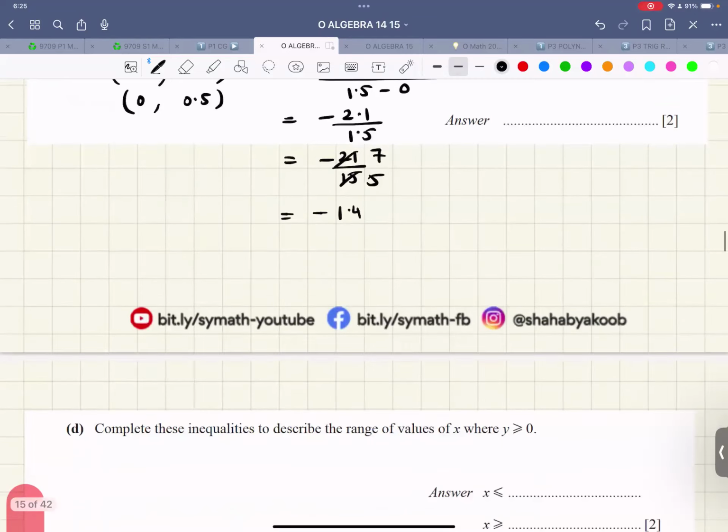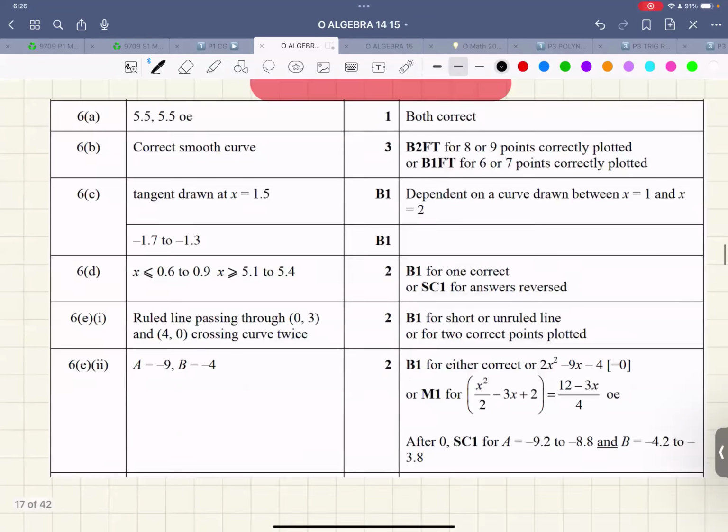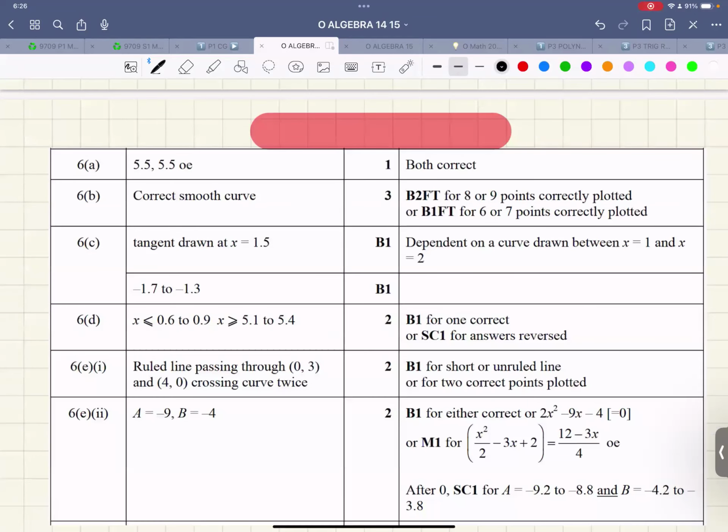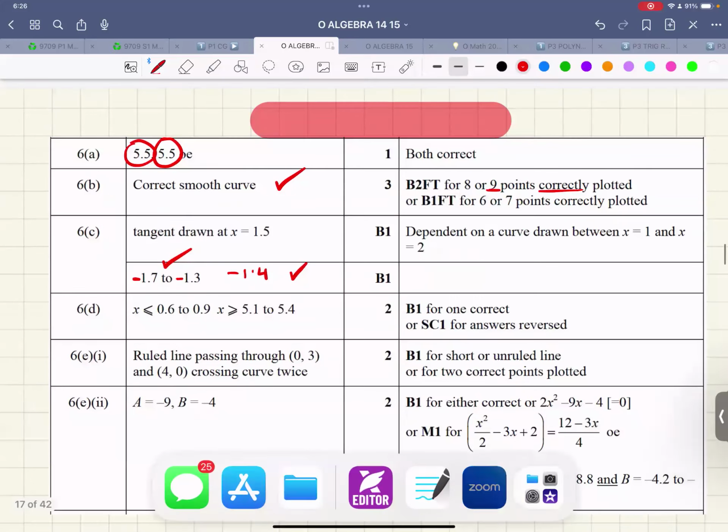Is that the answer? Let me just double check. So tangent drawn, the tangent lies between these two values, -1.7 to -1.3. Our answer is -1.4. That is perfectly acceptable. These two were the y values. That is the smooth curve for 8 or 9 points correctly plotted. So let me just pause for questions.